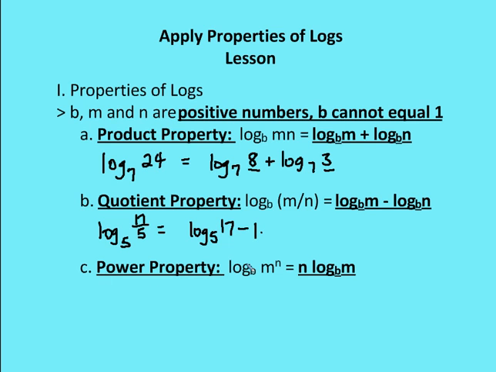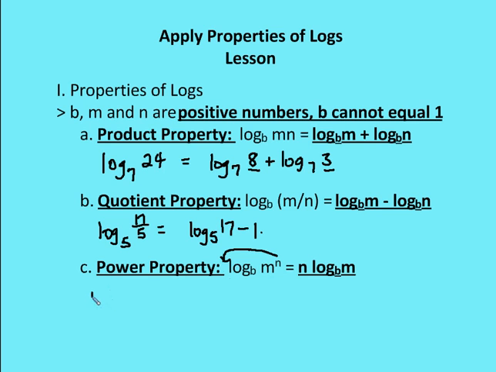Okay, power property, log base b of m to the n is equal to n times log base b of m. And so in this case, we're just taking the power of m and we're applying it to the log base b of m, multiplying log base b of m times n.